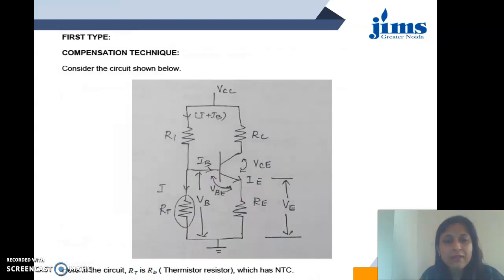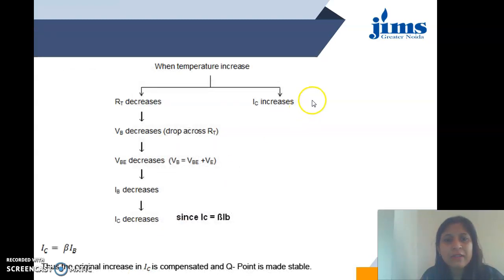Now this is the circuit which is using thermistor, and this is used in potential divider method. So in place of resistance RB, thermistor RT is connected here. Now what will happen if the temperature increases? So when the temperature increases, the resistance decreases because of the property of the thermistor. Due to that, VB decreases, which brings out decrement in VBE and therefore decrement in IB.